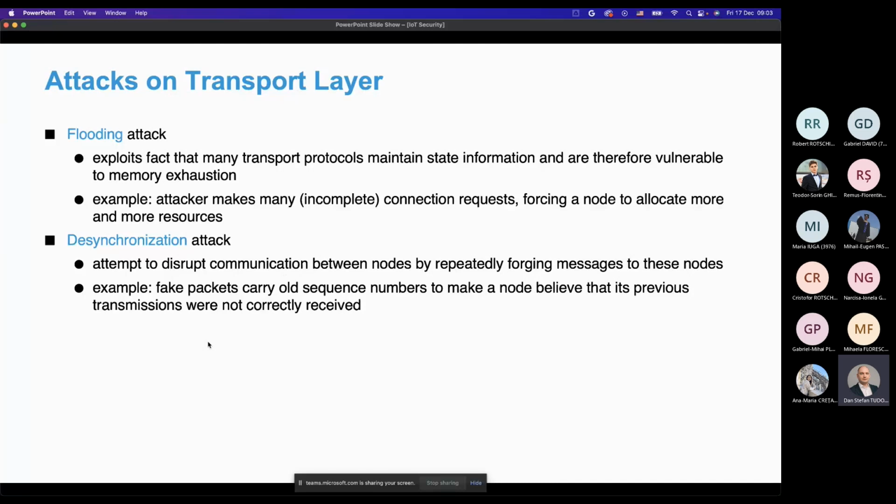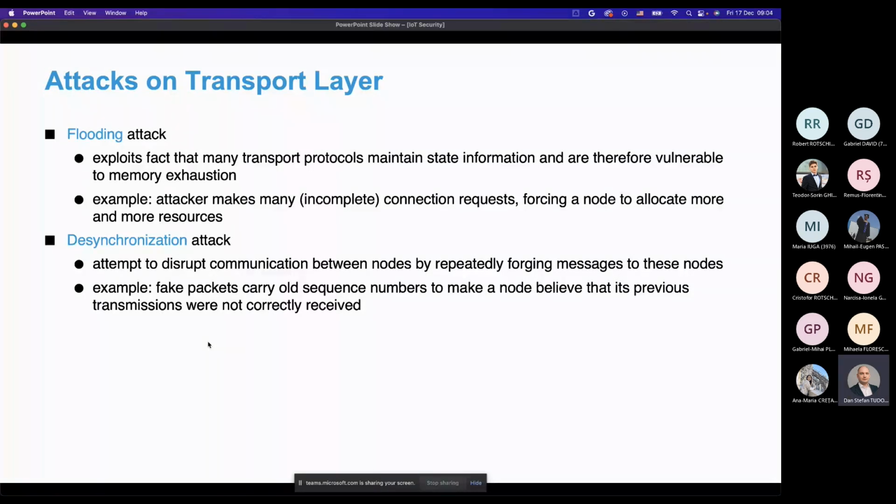Fake packets issued by an adversary can use this sequence number to make a node believe that its packets have not arrived at the destination. So the node believes that the packets have been lost, and then the node will try to retransmit those packets. Again, retransmission in IoT solutions usually is a costly affair. You actually need to have a lot of energy available at your disposal to have retransmissions.